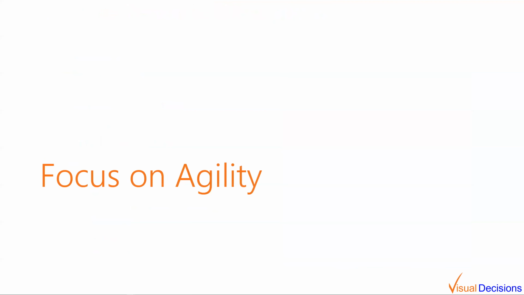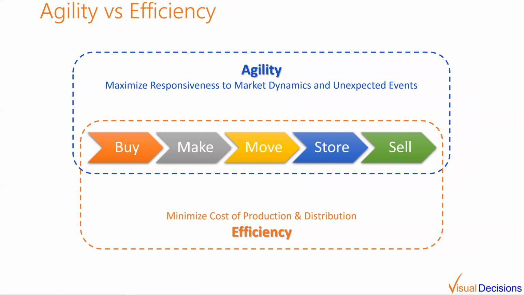And a lot of what I've talked about focuses on agility, making our organizations, our supply chains, as well as our own manufacturing processes more agile in response to what's happening in the marketplace. When we look at agility versus efficiency, the way I'm defining agility is to maximize responsiveness to both the market dynamics and unexpected events.